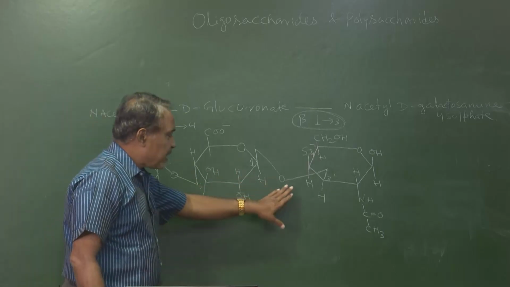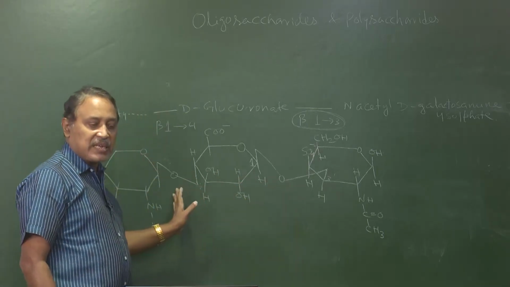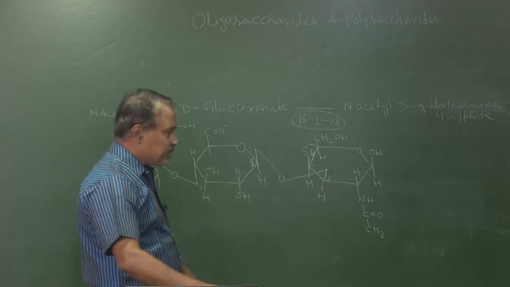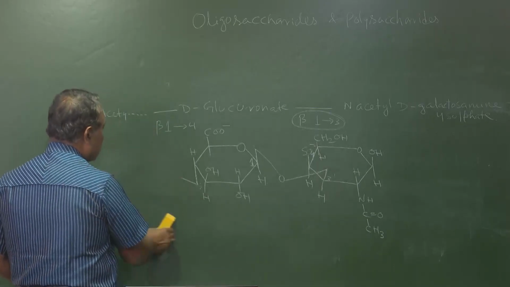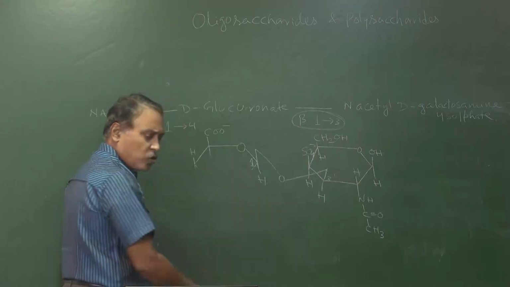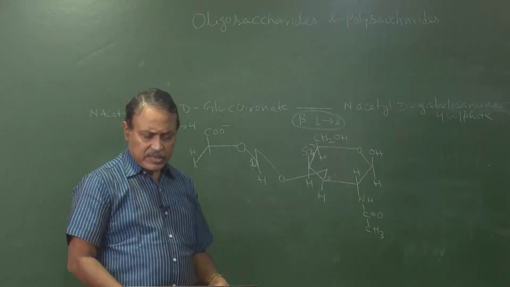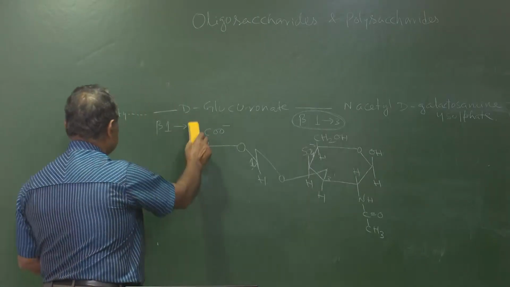So at one side one kind of linkage, at the other side another kind of linkage. Similarly, we can have, so this is our chondroitin sulfate, chondroitin 4-sulfate.